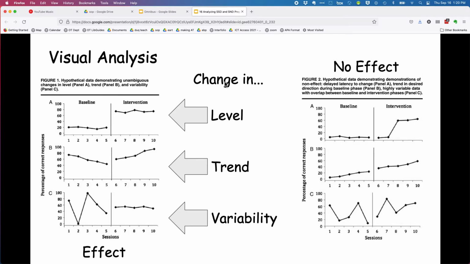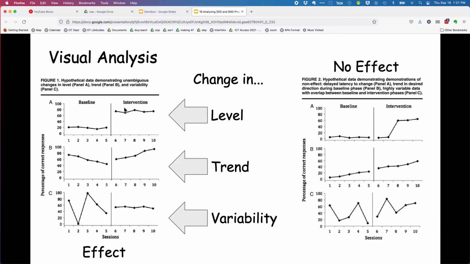So to summarize, visual analysis, we're looking at perhaps a change in level, a change in trend, or a change in variability. And all of this is subjective. Whether something is an important change in level, trend, or variability depends on what you're measuring and what your goals are.